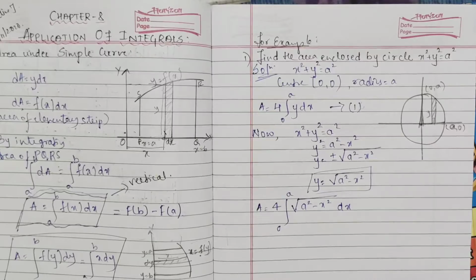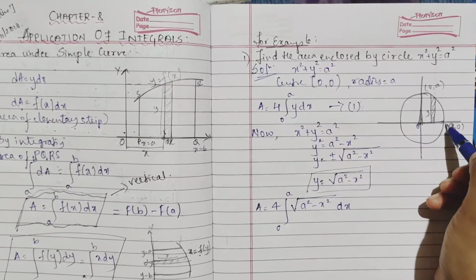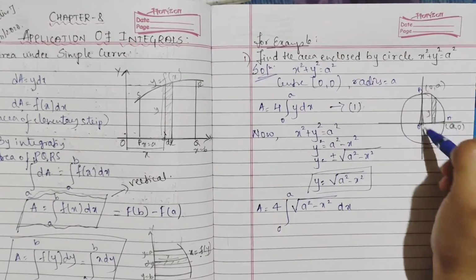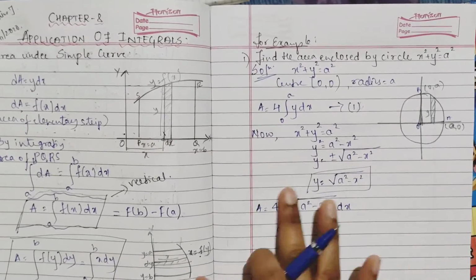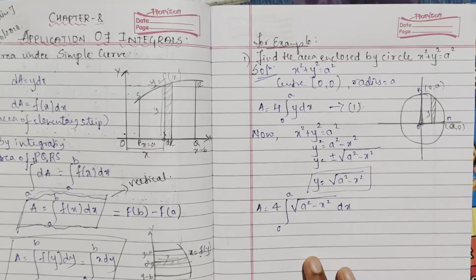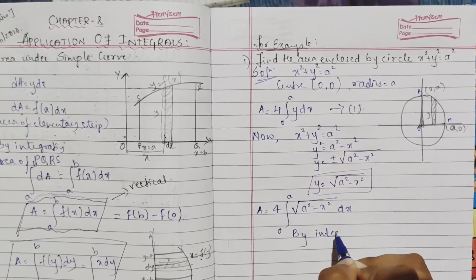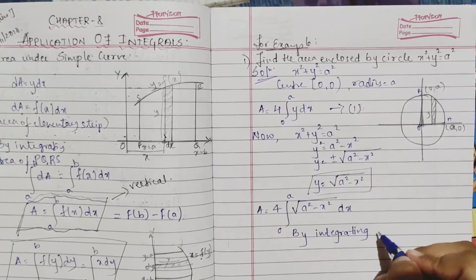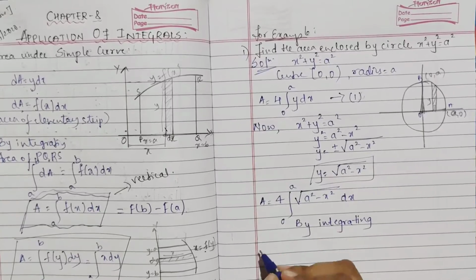Next, suppose we take AOB. This region is the first quadrant, so we have taken it as positive. Now we will integrate root of a square minus x square.